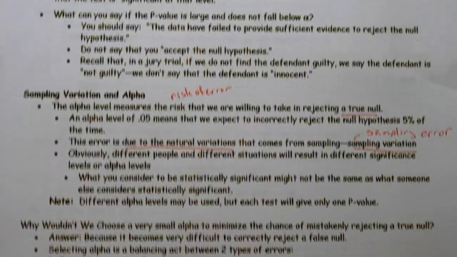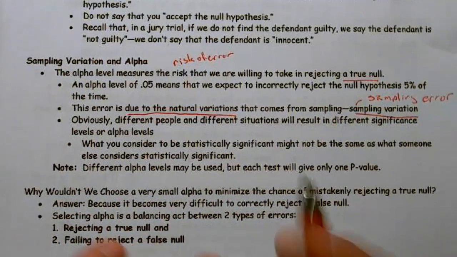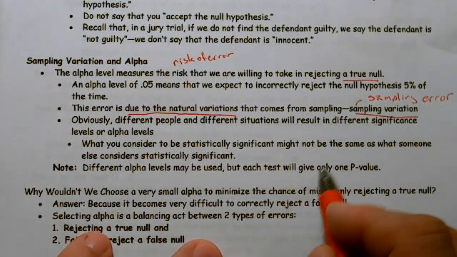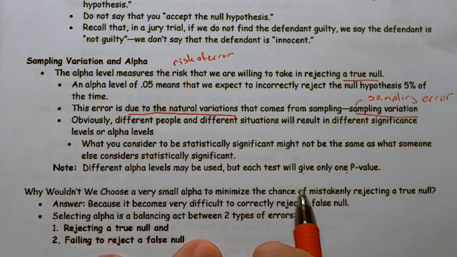Please remember, you can set different alpha levels, but every single test will only give one p-value, and that p-value, once again, comes from the data that you collected. So I know we like to be right, so why wouldn't we choose a small alpha to minimize the chance of mistakenly rejecting a true null? And I think that's a great question. Why wouldn't we?